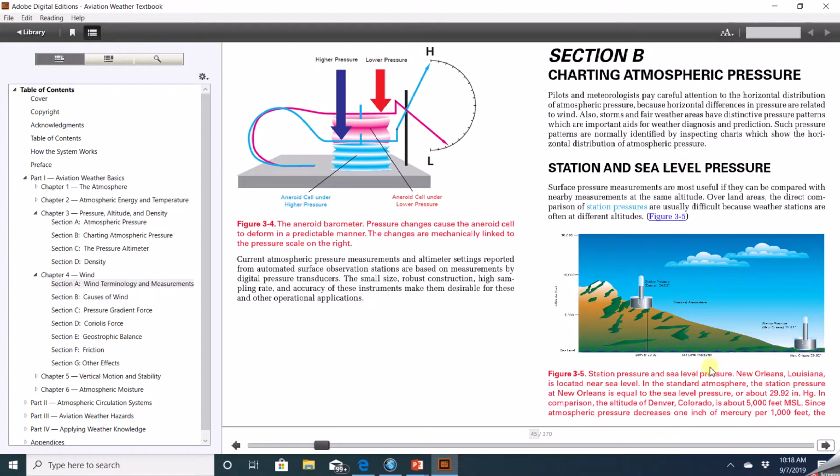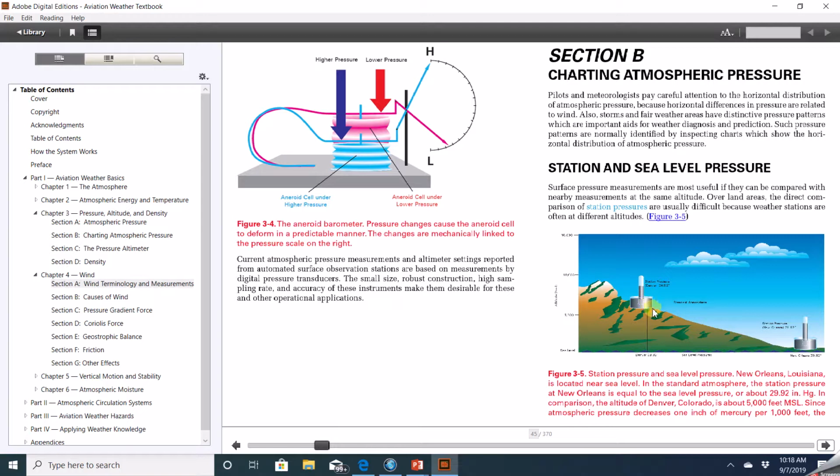So the simple equation to relate altimeter to sea level pressure is basically for every 1,000 feet you add or subtract 1 inch of mercury. For example, here, this is in your book, so I'm not telling you anything you can't read yourself.